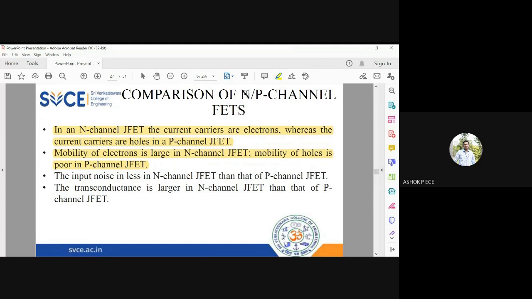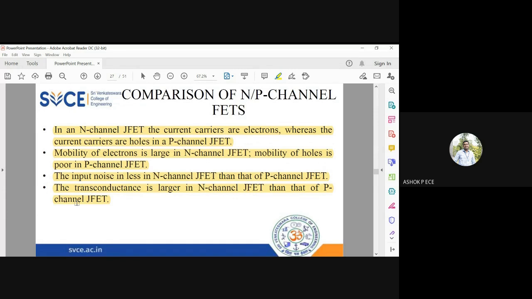But since the mobility of electrons is very, very large compared to holes, N-channel JFET will perform superior compared to a P-channel JFET. And the noise is also less in N-channel JFET compared to P-channel JFET. Also the transconductance is larger in N channel JFET than P channel JFET. So all these 4 points will give you a clear difference between N and P channel JFET.